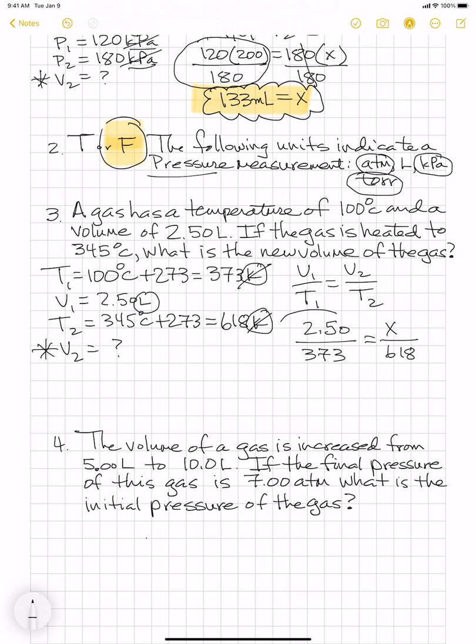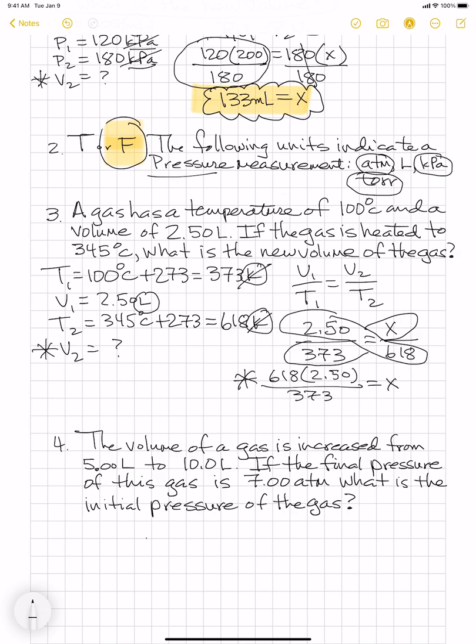So basically what you're going to do is multiply those two together, so that's going to be 618 times 2.50, and then divide by 373 to get it away from the x. So there you've got a nice little easy algebra problem. This problem right here should be very easy for you to do at your level of math knowledge.